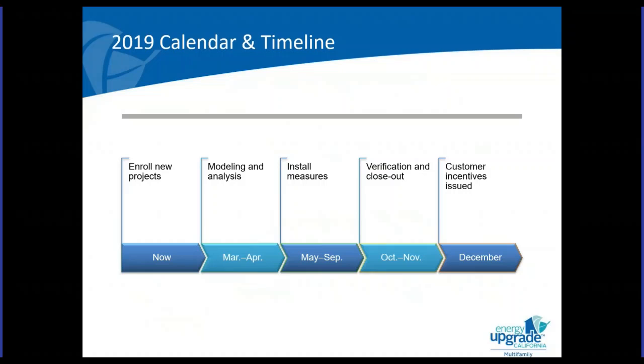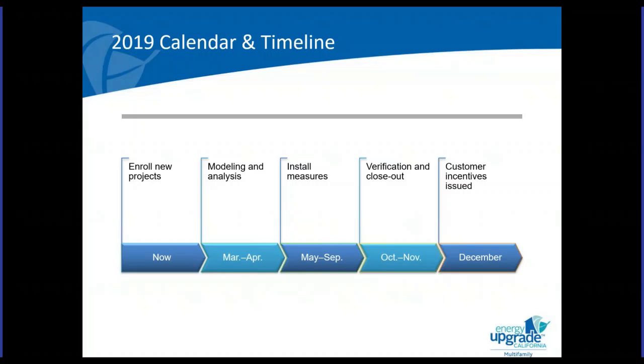We are a month and a half into 2019, and as the title of the webinar is a kickoff, we are hot in pursuit of enrolling new projects. We have a finite budget as always and just a few spots, but those spots are still available, and now would be the time to contact me to get the ball rolling.